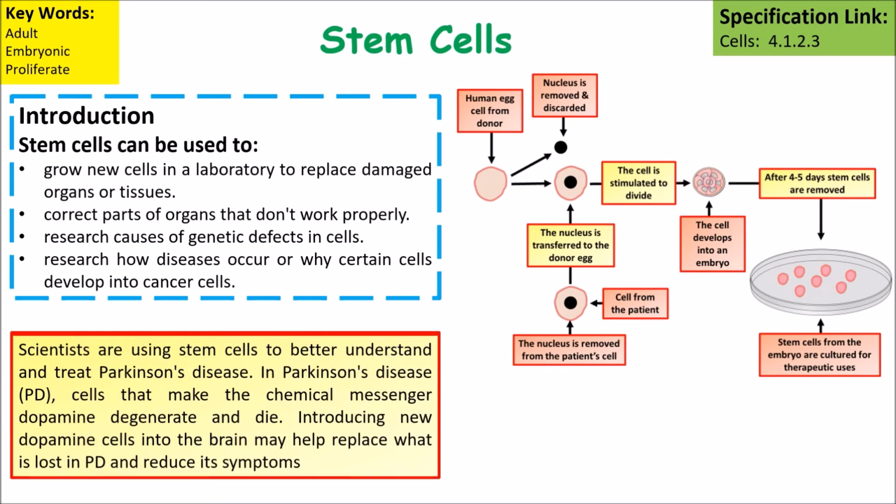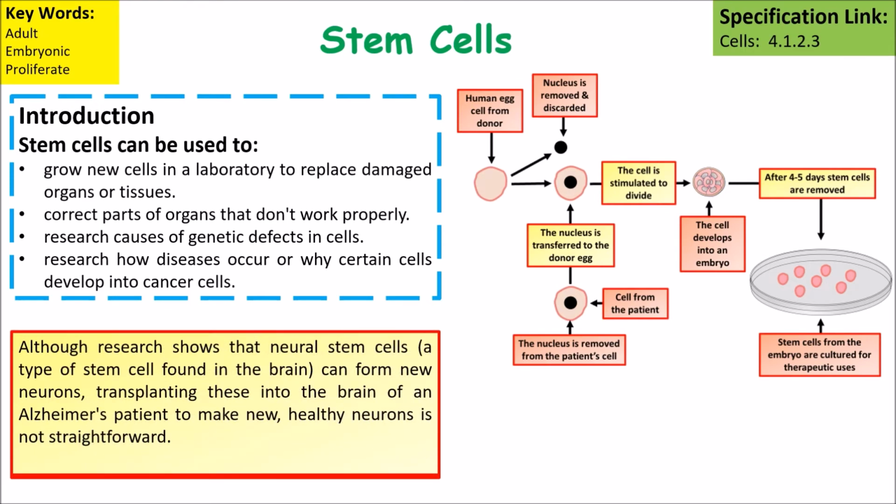So scientists are also using stem cells to better understand diseases like Parkinson's disease and to be able to treat it. Although research shows that neural stem cells can form neurons, transplanting these into the brain of an Alzheimer's patient to make new neurons has proved very, very difficult, and the research for this is still ongoing.